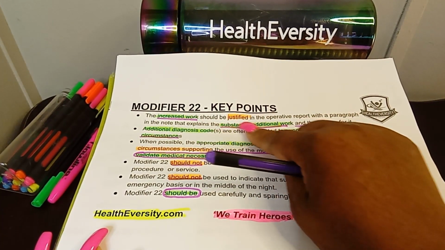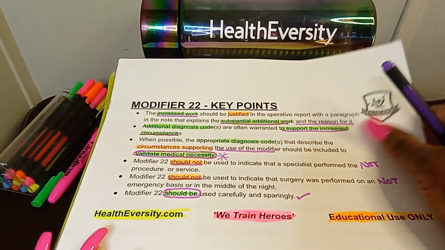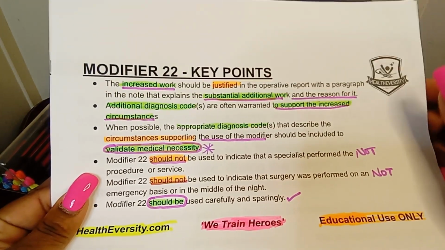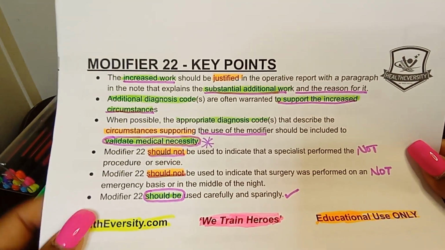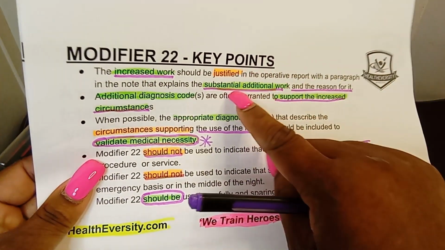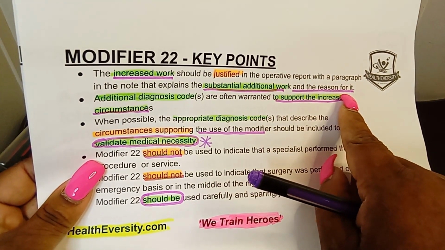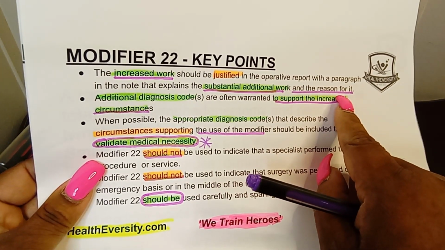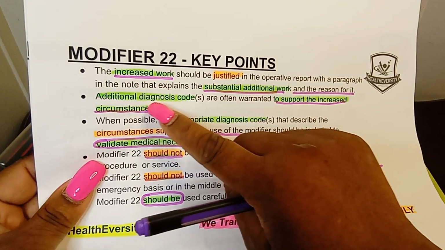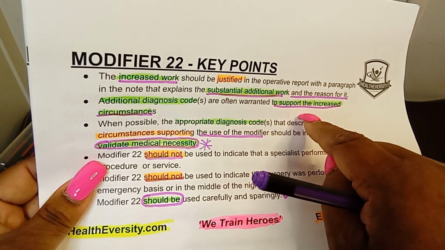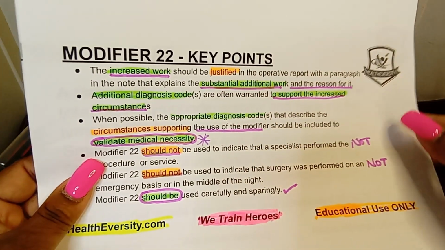Increased work should be justified. And let me move this up closer so you can see. In the operative report, with a paragraph in the note that explains the substantial additional work and the reason for it. Okay, here's another one. Additional diagnosis codes are often warranted to support the increased circumstances.